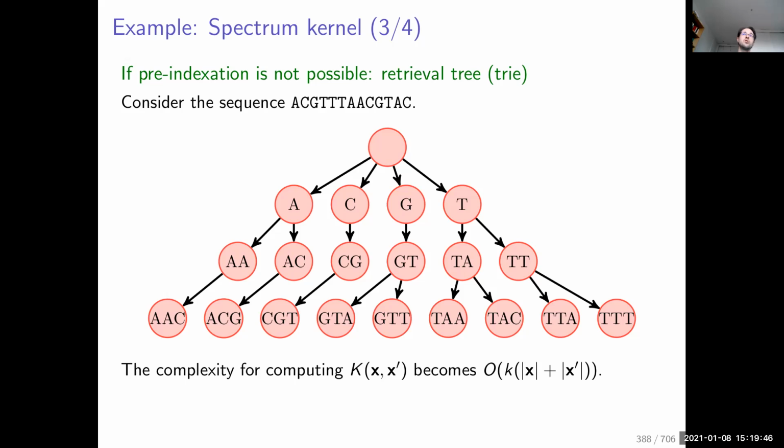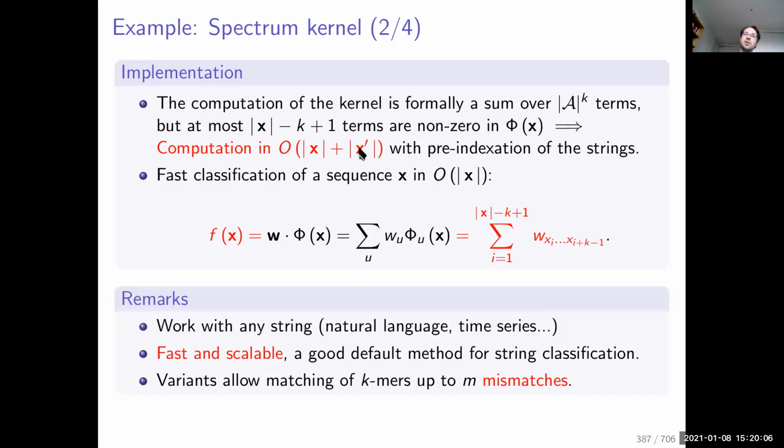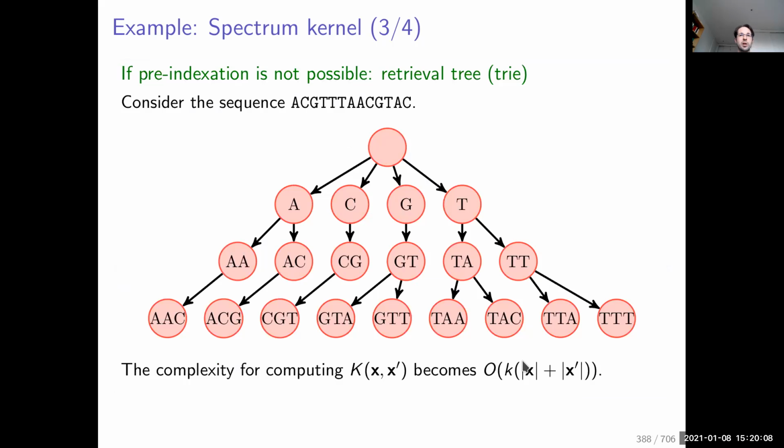I'm going to mention this first one, which is called a retrieval tree. In the literature, it's also called a trie. It allows computing the kernel entries k of x x prime in a complexity which is linear in the length of sequences times k. So this is larger than this by a factor k.